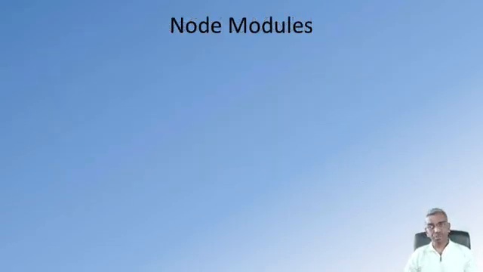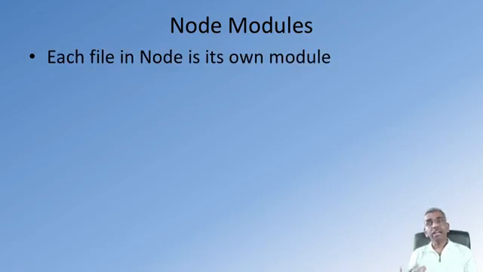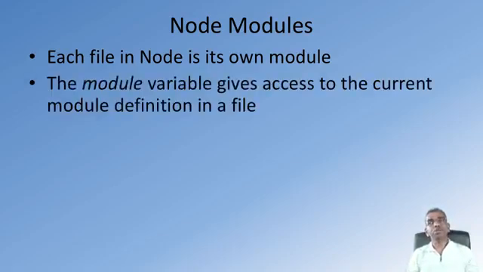So as I just mentioned, each file in a Node application becomes its own Node module. So the JavaScript file defines the boundary for a Node module. Within that file, the CommonJS specification provides a variable called the module variable, which is a JavaScript object. And this gives you access to the current module definition within a file.